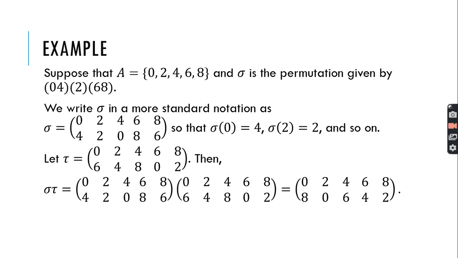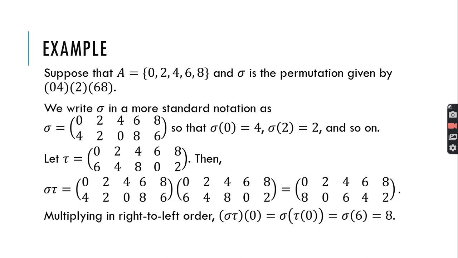And therefore, our permutation product is given by 8, 0, 6, 4, and 2. Multiplying in right to left order, in order to find sigma tau of 0, we need to apply tau first. Tau of 0 is 6, and therefore, sigma of 6 is equal to 8.